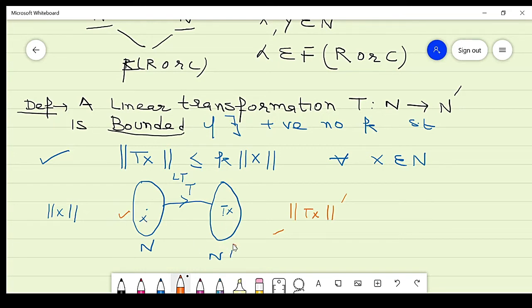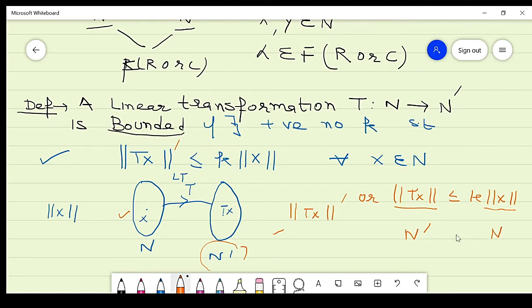If it is represented in terms of N dash, then it will be norm of Tx dash. If it is represented in terms of the simple norm, this is the norm of x. So we generally write the same norm: norm of Tx is less than or equal to k times norm of x. But you must understand that this is a norm on N, which may be any norm, and this is a norm on N dash, right? So these may be the same, these may be different. This norm is related to N dash, and this norm is related to N.